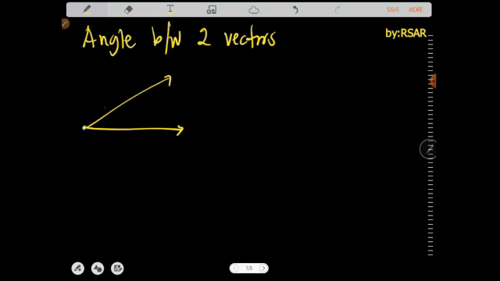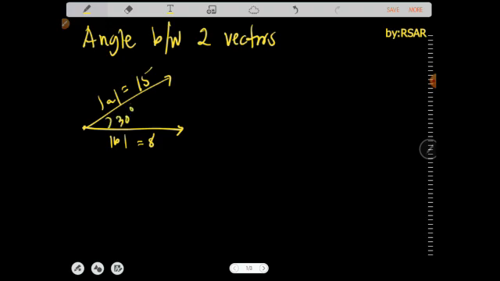Ito yung vector A. Ito yung vector B. Yung vector A, yung gagawin na natin siyang magnitude na, no? Pero kung hindi binigay yung magnitude, say, coordinate yung binigay, you have to find first the magnitude. Okay, yung magnitude ng vector A is equals to 15, at saka yung magnitude ng vector B is equals to 8. And then yung angle between that two vector is equals to 30 degrees.